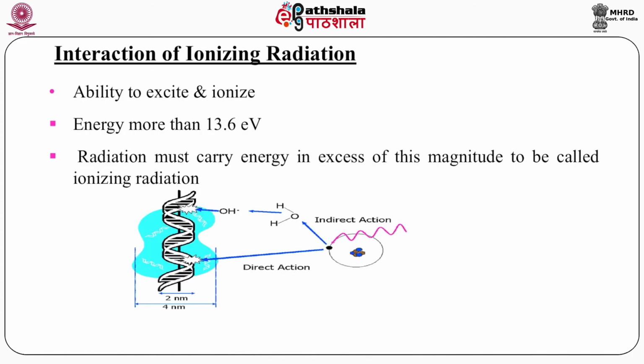Interaction of ionizing radiation: the ability to excite and ionize. The energy should be more than 13.6 electron volts. Radiation must carry energy in excess of this magnitude to be called ionizing radiation. To ionize a molecule, a minimum of 13.6 electron volts of energy is required.